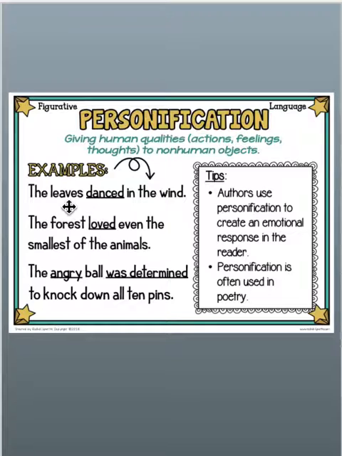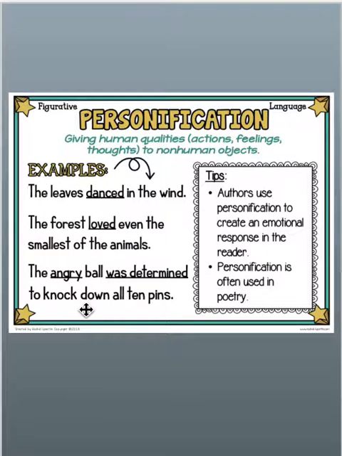So this is a non-human object, leaves, but it has a human quality. It dances. The leaves danced in the wind. Isn't that pretty? The leaves danced in the wind. So it gives action, right? The forest loved even the smallest of the animals. So the forest loved.